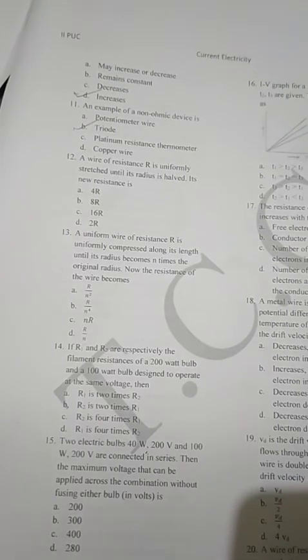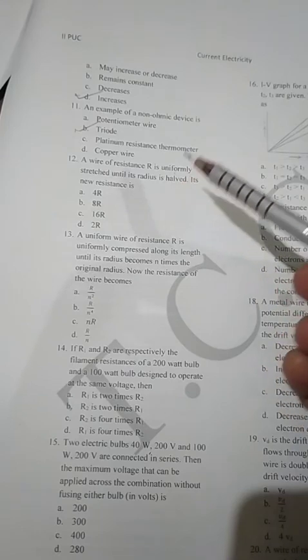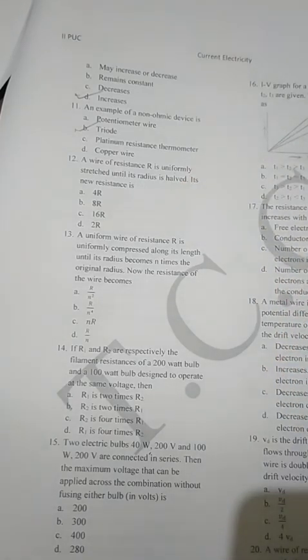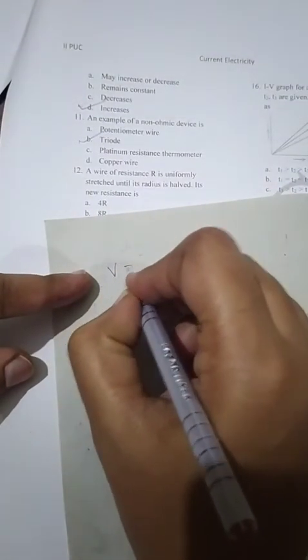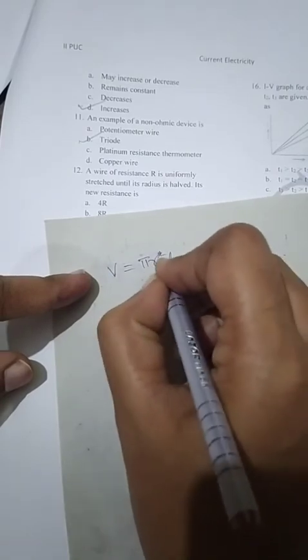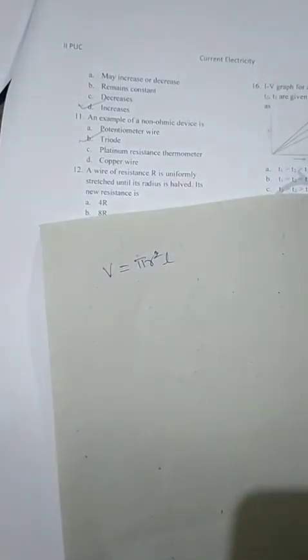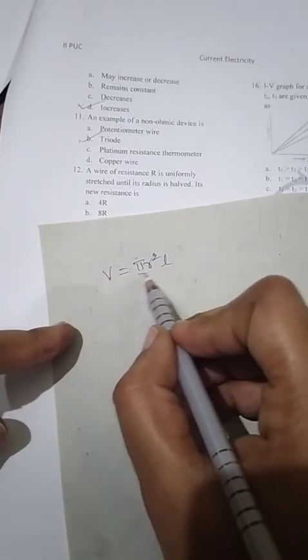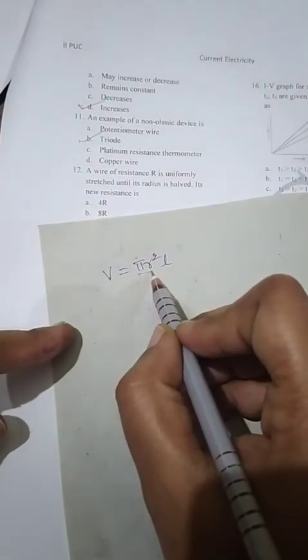Next question. A wire of resistance R is uniformly stretched until its radius is halved. Its new resistance is? We know that the wire has a volume equal to pi r square into L, since a wire has a length and a circular area of cross section.